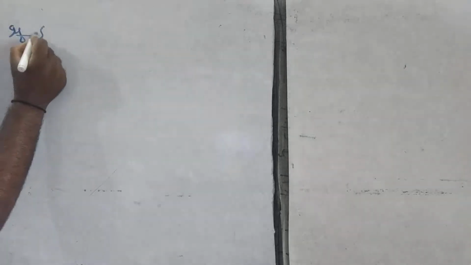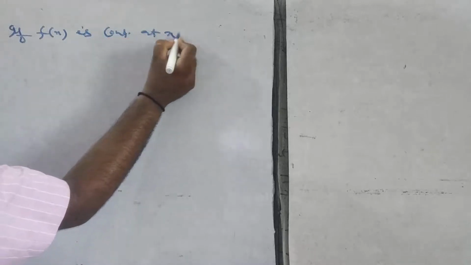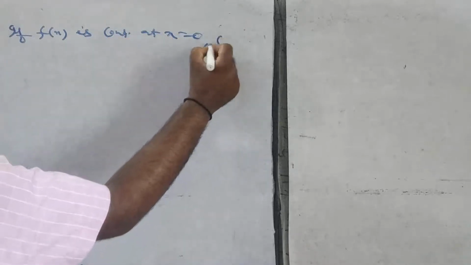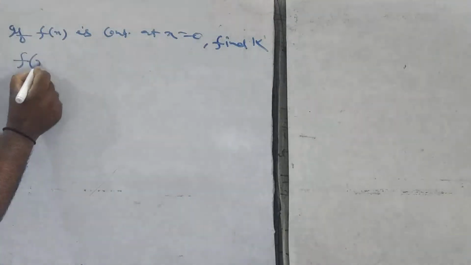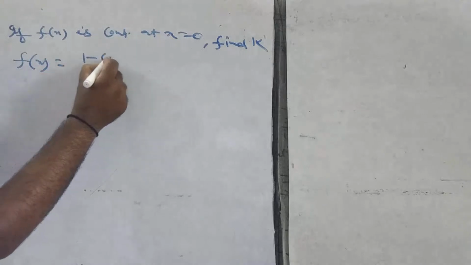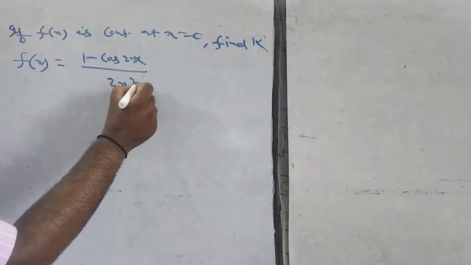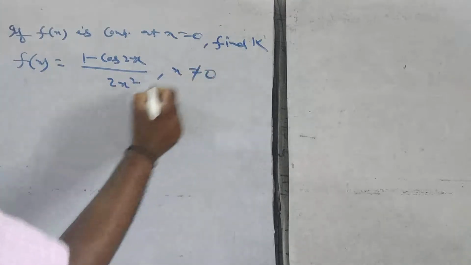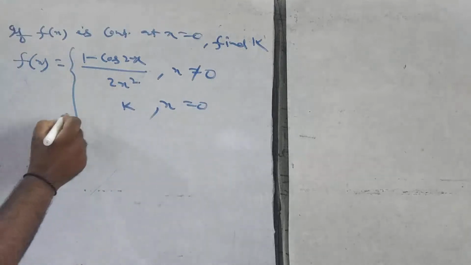Let us take another example. If f(x) is continuous at x is equal to 0, find k, where f(x) is 1 minus cos 2x upon 2x square, x not equal to 0, and k when x is equal to 0.